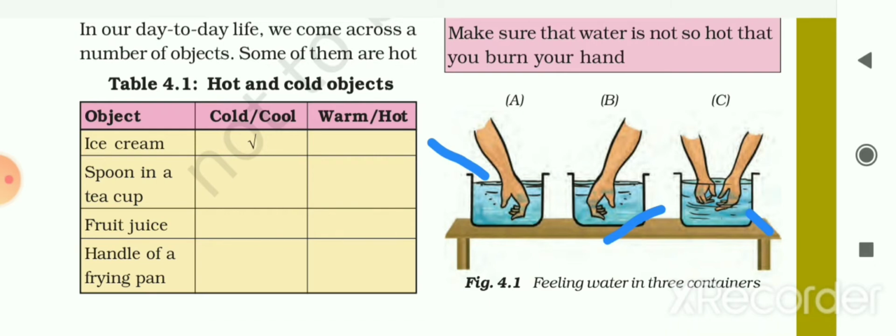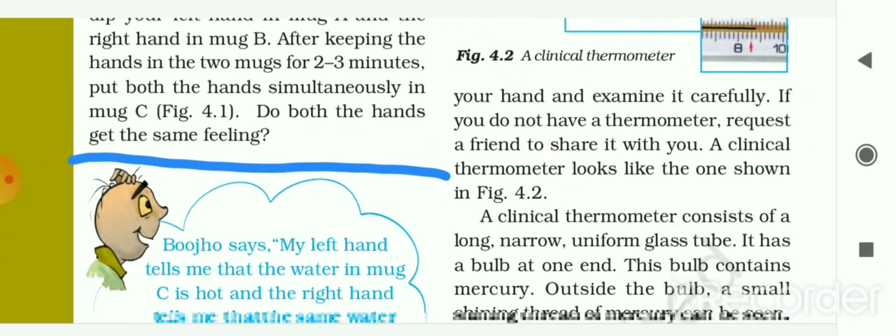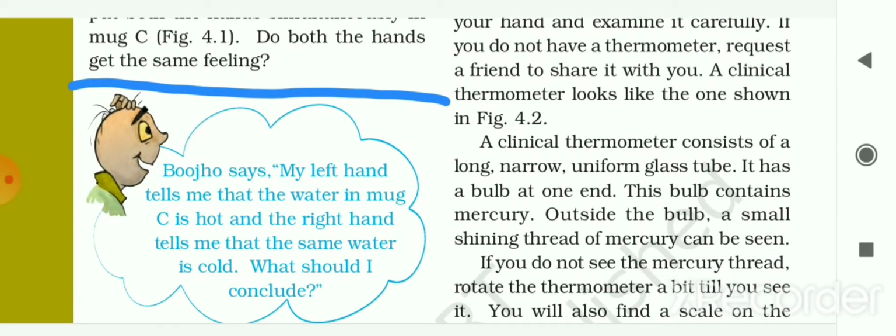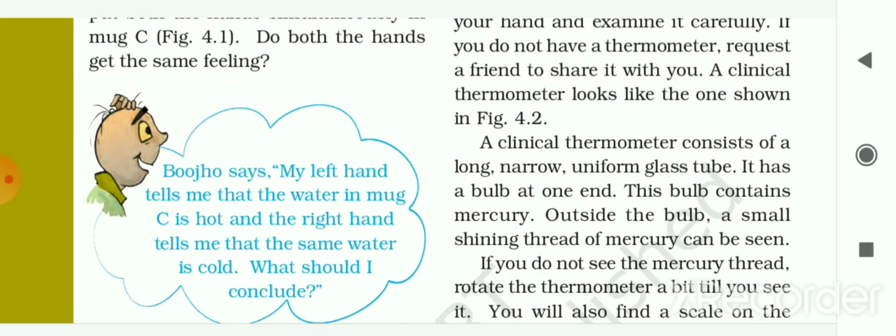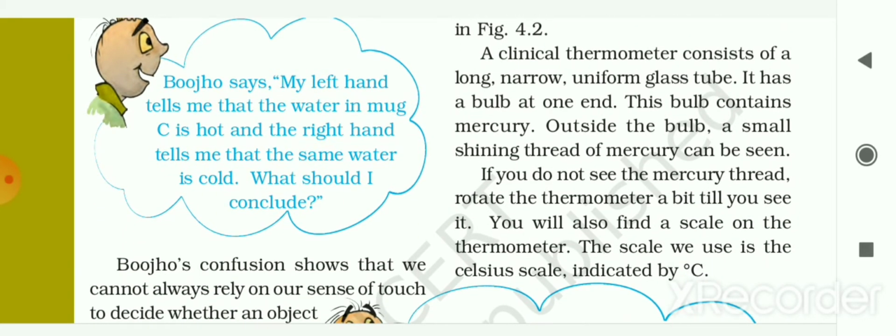So what will you observe? Your right hand dipped in mug C experiences the water to be warm while the left hand experiences the water to be cold. Here Boojho says, my left hand tells me that the water in mug C is hot, and the right hand tells him that the same water is cold.